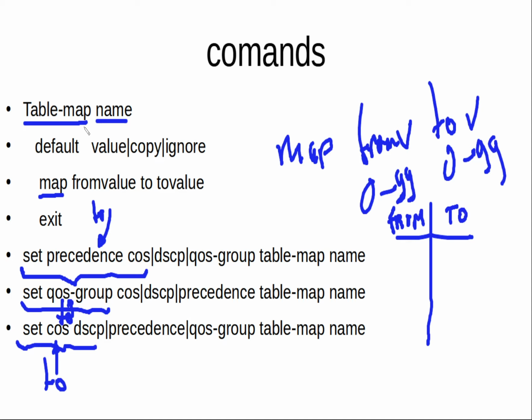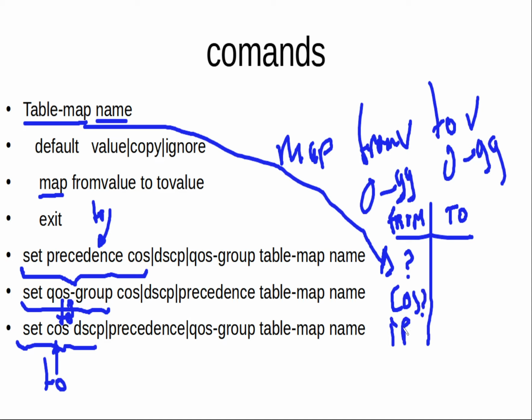But when you create a table map, you don't really know if this from value is referring to COS, or it is referring to IP precedence, or it is referring to DSCP, or it is referring to quality of service group. You don't know that. You know that when you apply the table map to a command.